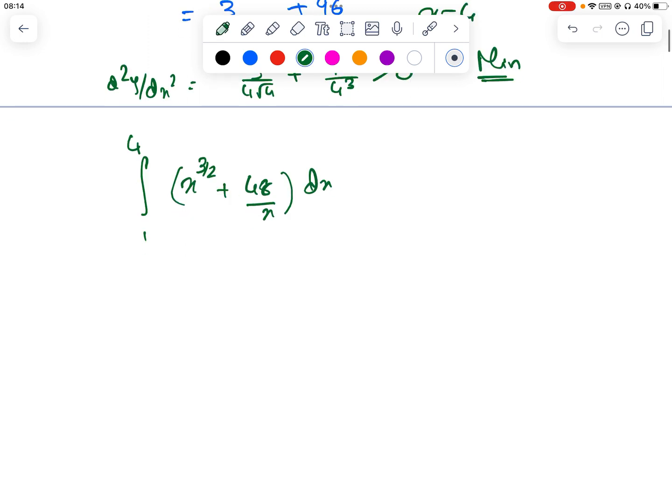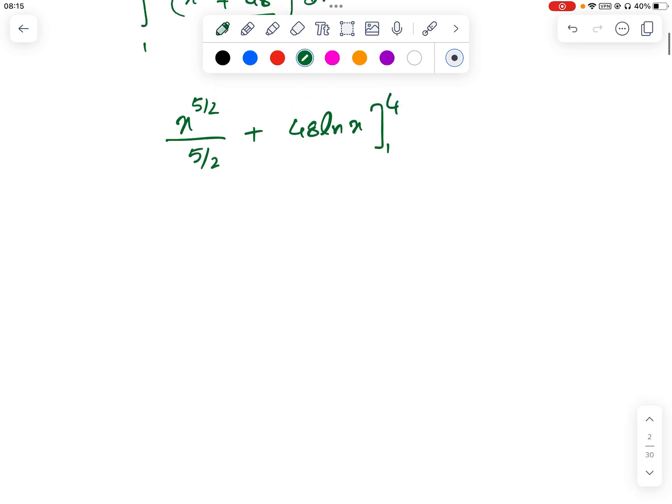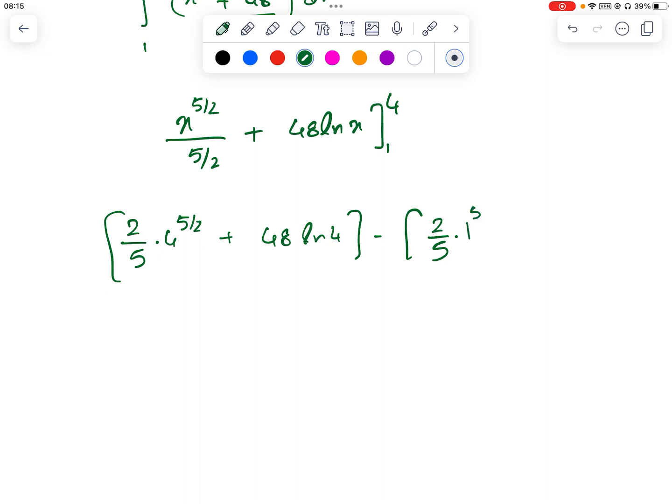So what is going to be the integral? X power 5 upon 2 upon 5 upon 2 plus 48 ln x, from limits 1 to 4. Substitute 4 now: 2 upon 5, 4 power 5 upon 2 plus 48 ln 4, minus 2 upon 5, 1 power 5 upon 2 plus 48 ln 1.